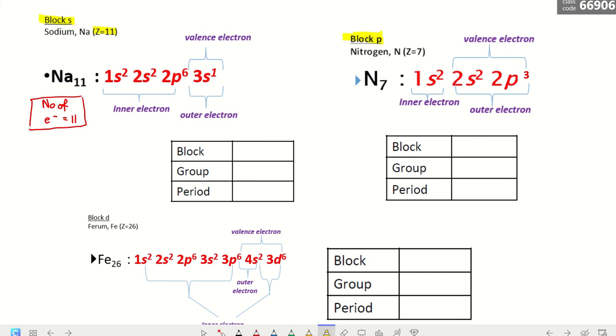We defined outer electron as electron in the highest energy level. So now we have n equal to 1, n equal to 2, n equal to 3. Simply put, the outer electron is the electron in the outermost shell, which is shell 3. So once we determine the outer electron, we know the valence electron, because for block S and block P, valence electron equals outer electron.